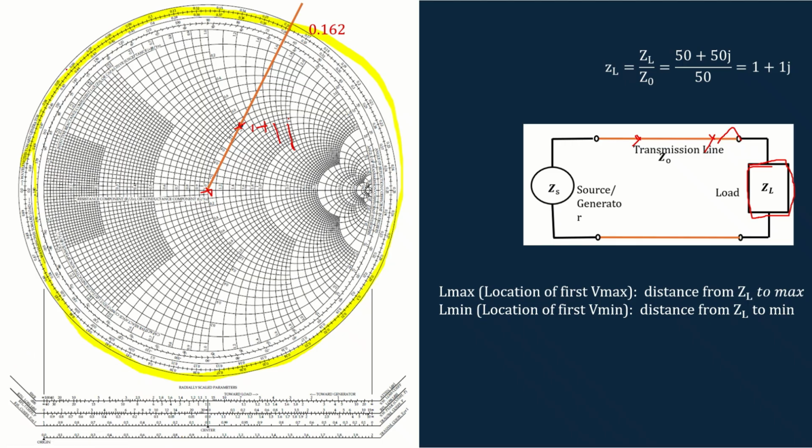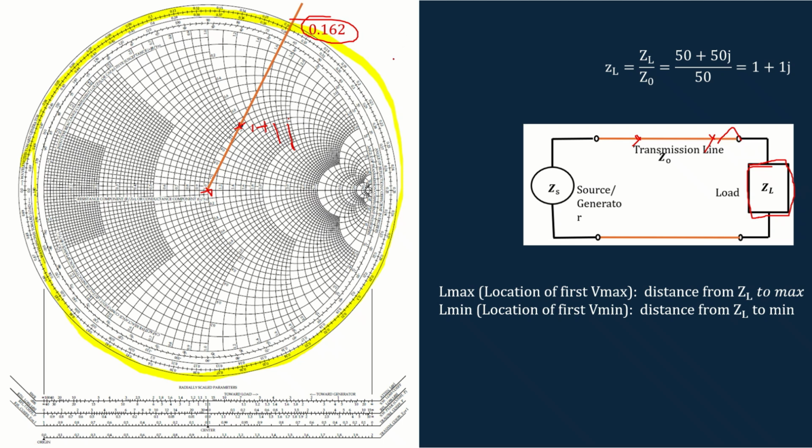I am going to consider that outer circle. It will start from 0, 0.04, something like that, and you can see 0.13, 0.14, 0.15, 0.162. So this is the length of the load. For 1 plus 1j, the length of the load is 0.162.